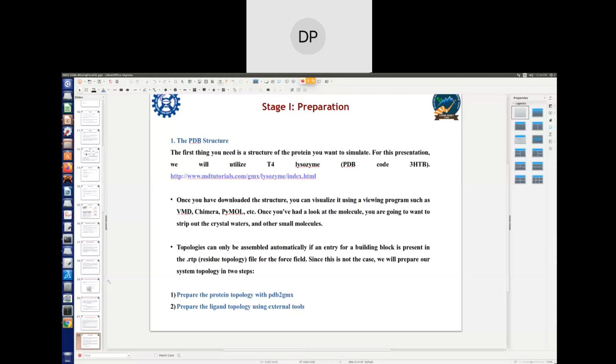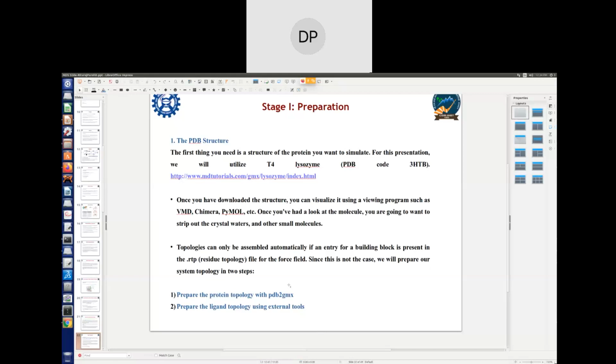In this stage, I am talking about GROMACS, for which you can get a detailed tutorial at the given link, provided by Dr. Lemkul.